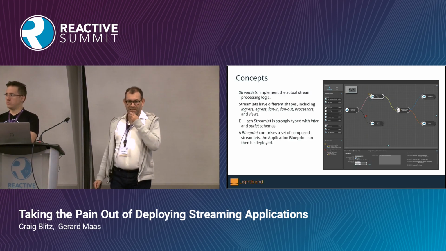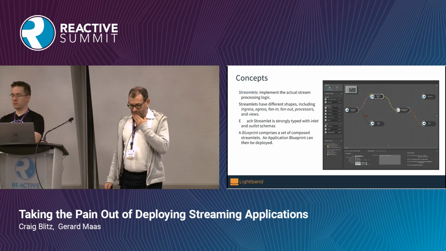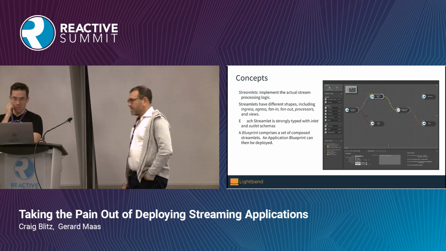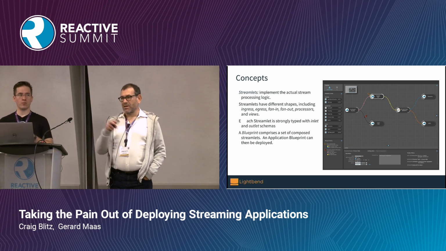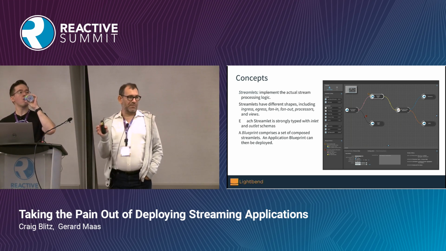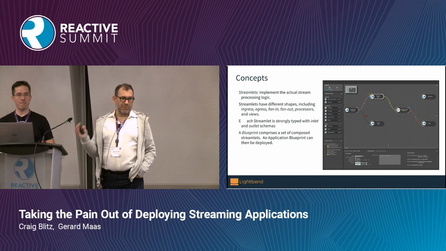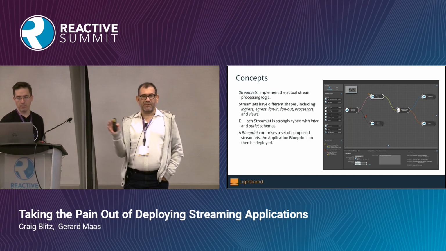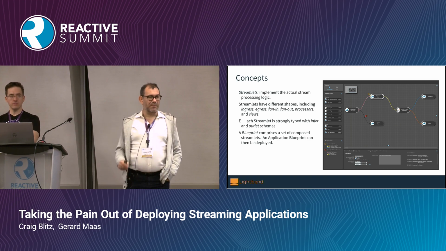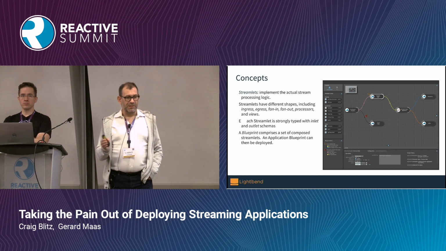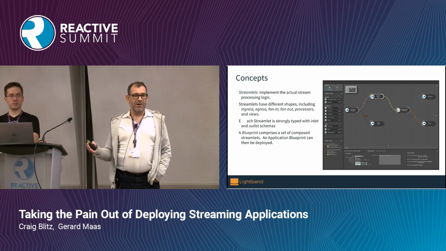So some concepts before we get into a demo. We have a concept of a streamlet. A streamlet is just a processing element in your pipeline. And streamlets could be written in any of those streaming engines that we showed in the fast data pipeline architectural picture. Today we support streamlets in Akka Streams and in Spark.